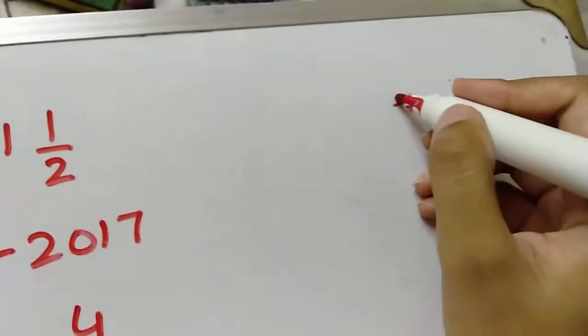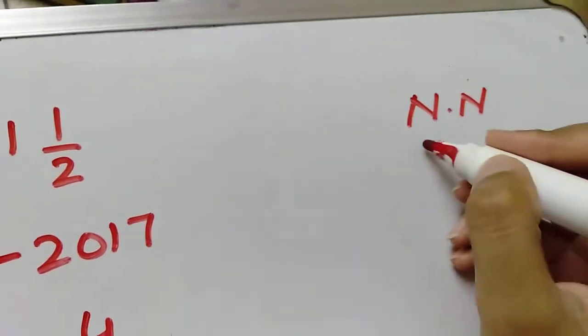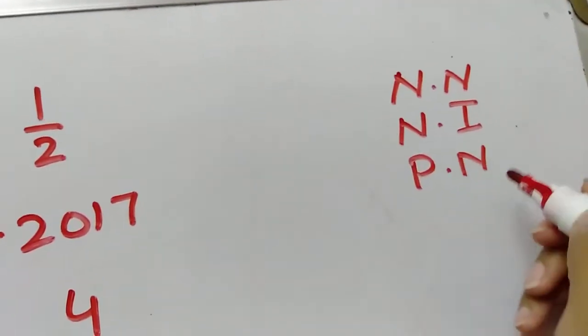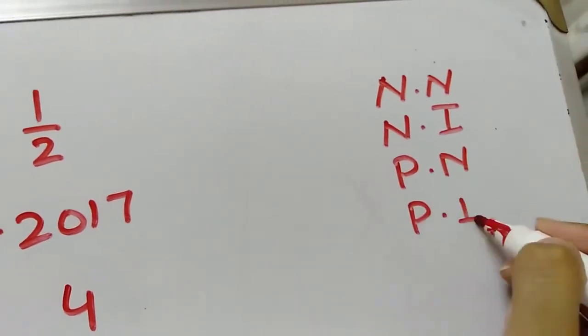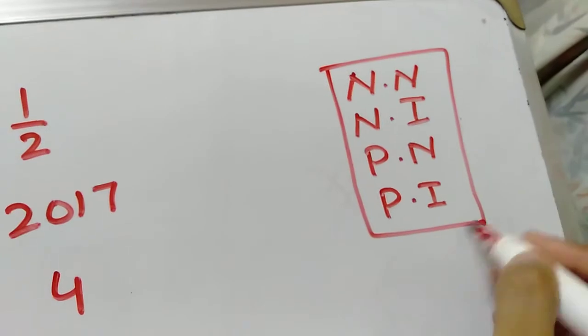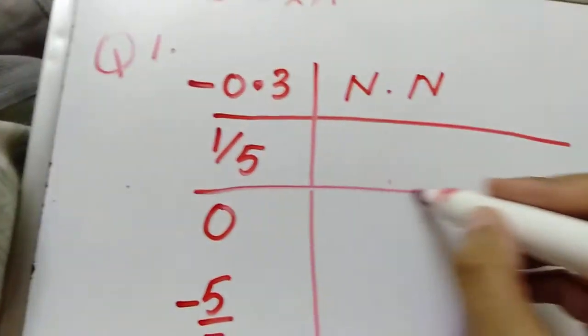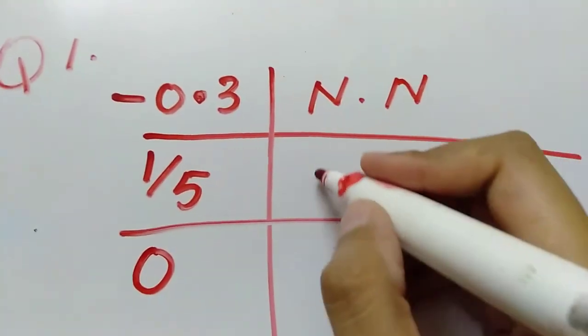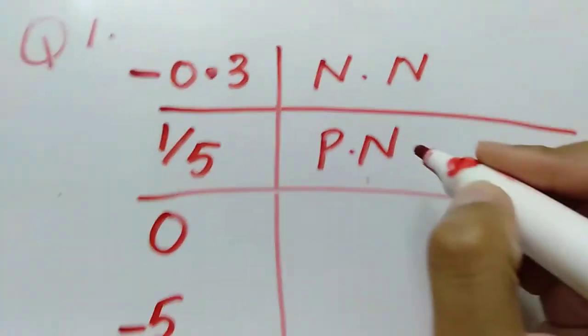I will write NN for negative number, NI for negative integer, PN for positive number, and PI for positive integer. Now 1 by 5 is positive and it's a fraction, so we will write it as a positive number.